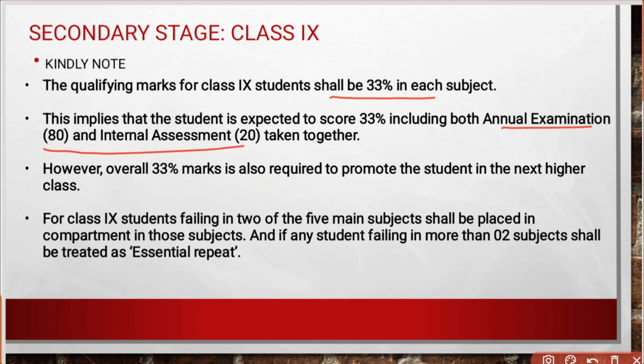Like if they get 15 out of 20 in internal, then in the theory exam they need to get 18 marks, then they are qualified. A class 9th student failing in 2 of the 5 subjects shall be placed in compartment in those exams. If any student fails in more than 2 subjects, they shall be treated as essential repeat.